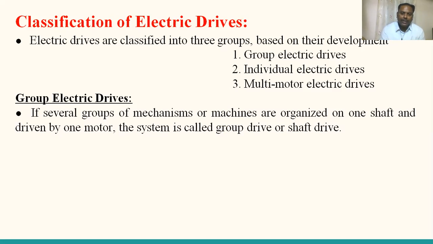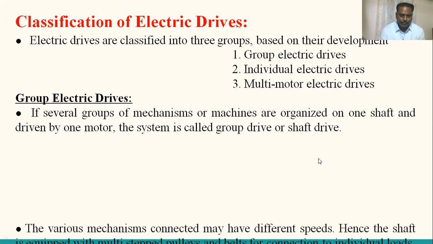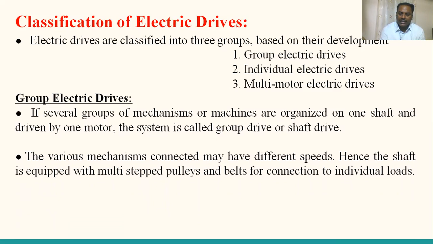That shaft is connected with multi-stepped pulleys, and with the pulleys, the belts run the various mechanisms. The connected mechanisms may run at different speeds, as the length of the belt differs from one to another, and obviously the speeds also change. Hence, the shaft is equipped with multi-stepped pulleys and belts for connection to individual loads, and the individual loads perform the various functions.